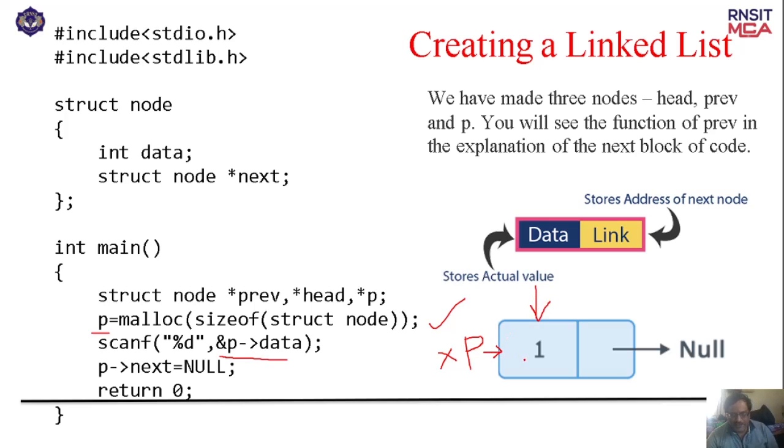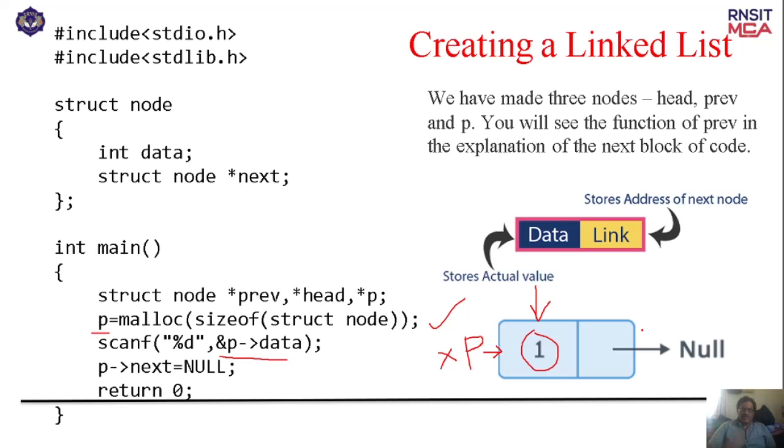So I enter some value, 1, and P of next I make null. Yes, it is done. So data I have taken, and the next pointer I have made null. So my first node is created in the linked list.